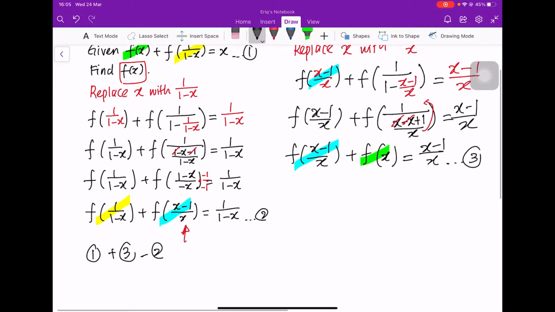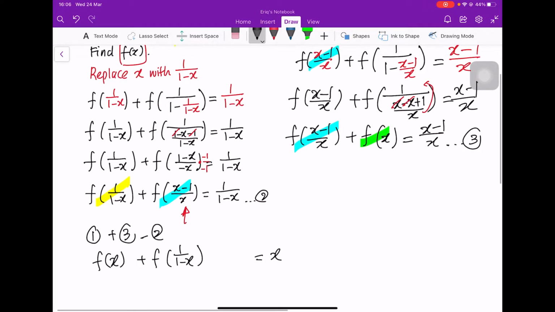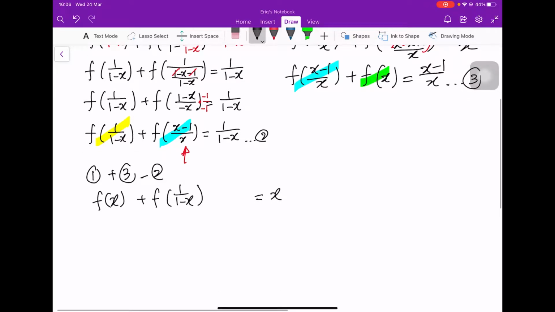Okay, let me copy down equation 1, plus f of 1 over 1 minus x is equal to x, and equation 3, right? So equation 3 will be here. I rearrange it, plus f of x minus 1 over x is equal to x minus 1 over x.